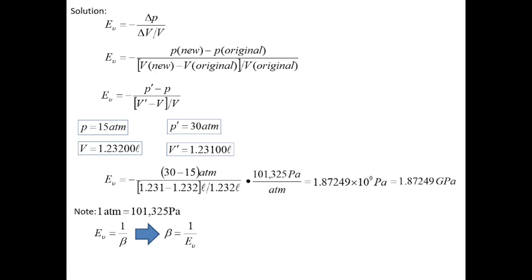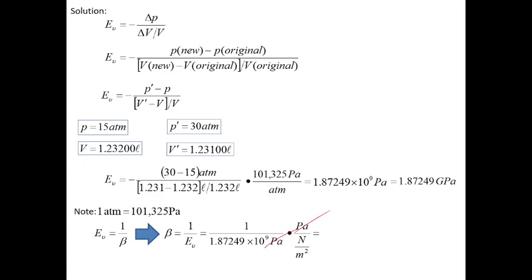Sabihin niyan, reciprocal of the bulk modulus of elasticity is the coefficient of compressibility. So that is 1 over 1.87249 times 10 to the 9 Pascal. At ang unit niyan ay square meter per Newton. So makakancel ang Pascal. Okay?